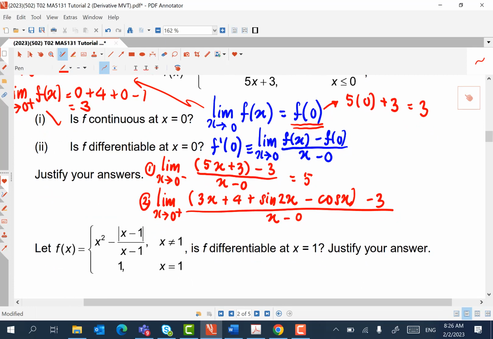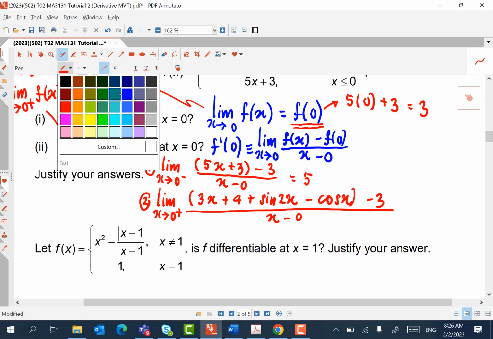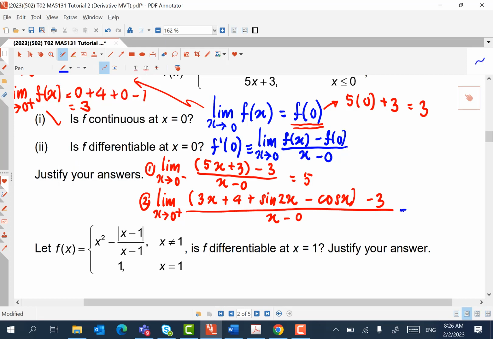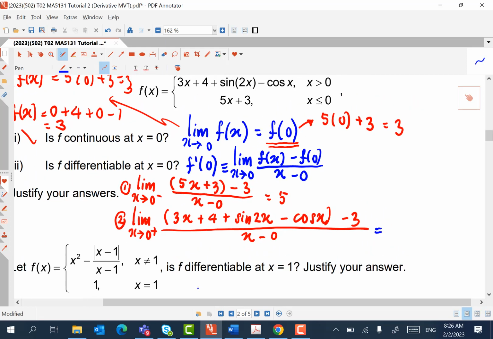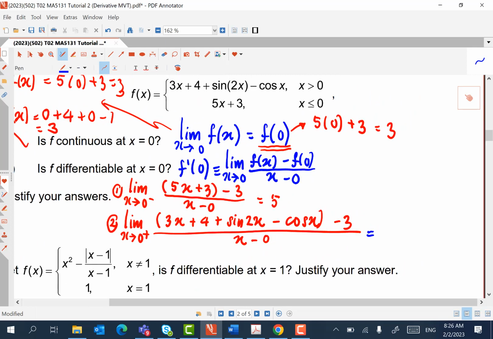Okay, Kaita, press on. How do you think we will evaluate the second one, this one? Okay, let's give Kaita a little bit of time.